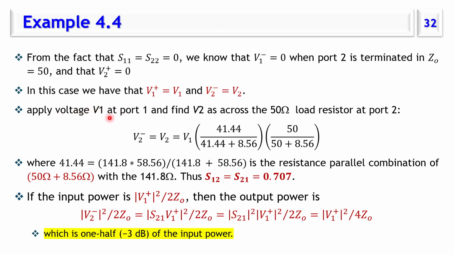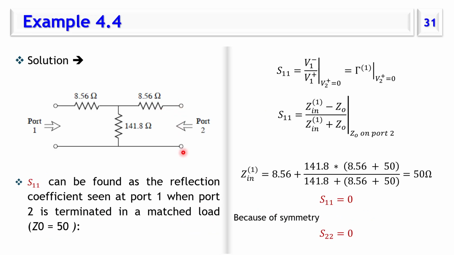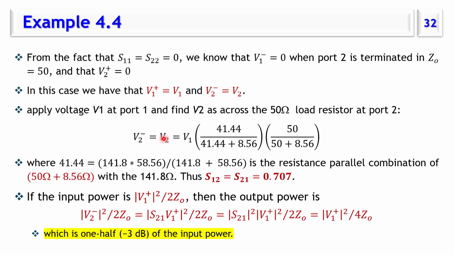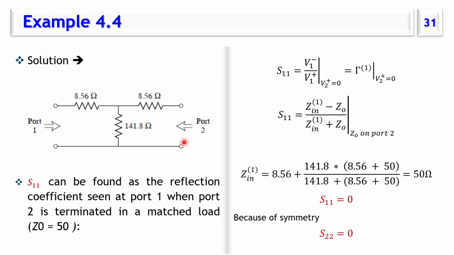So applying V1 at port 1, we need to find V2 across the 50 ohm. So the network would be 50 ohm here, and we are applying a potential here. We need to find the potential on this termination. We know these two are in parallel, 141 in parallel with 58, which will equal 41.